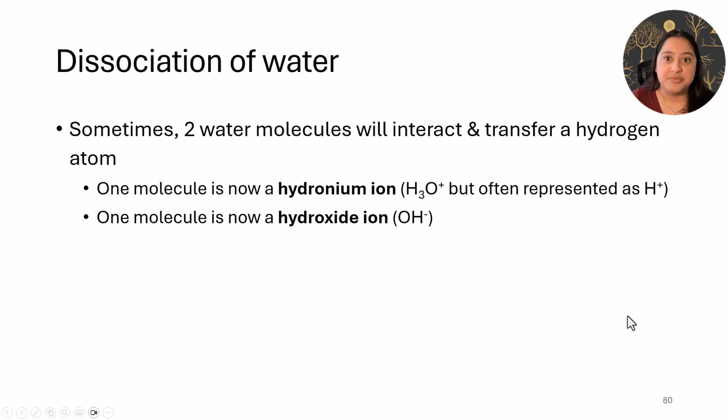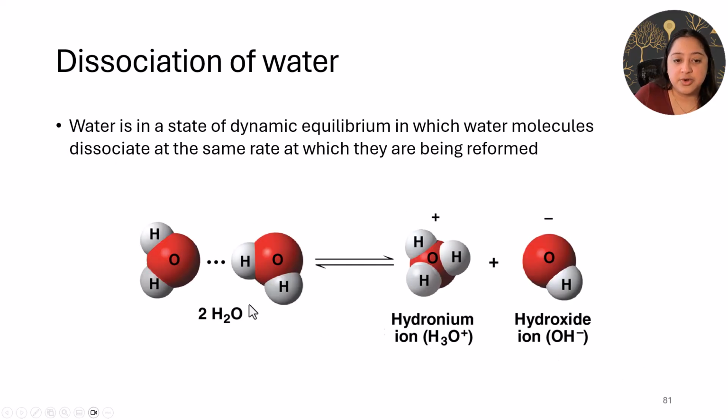Again, you'll get more in chemistry for sure. Another aspect of water that we have to consider, because a lot of things are dissolved in water, is how water molecules can vary a little bit. Sometimes two water molecules will interact and transfer a hydrogen atom. On the left are two molecules of water. They can interact, and one of them gains a hydrogen atom while the other loses it.